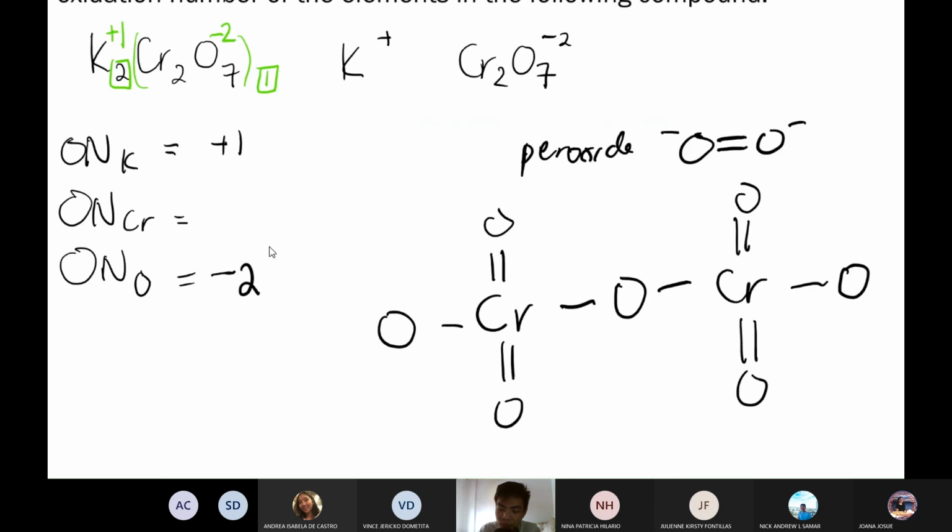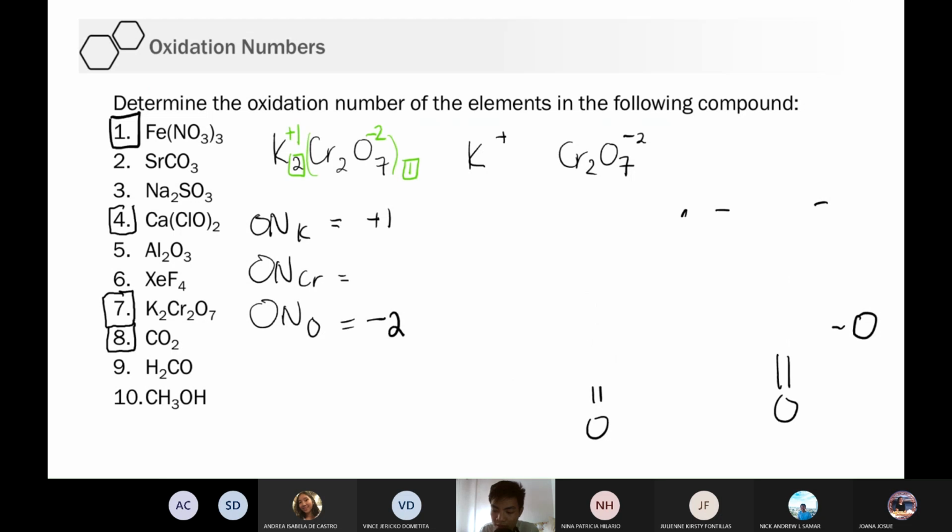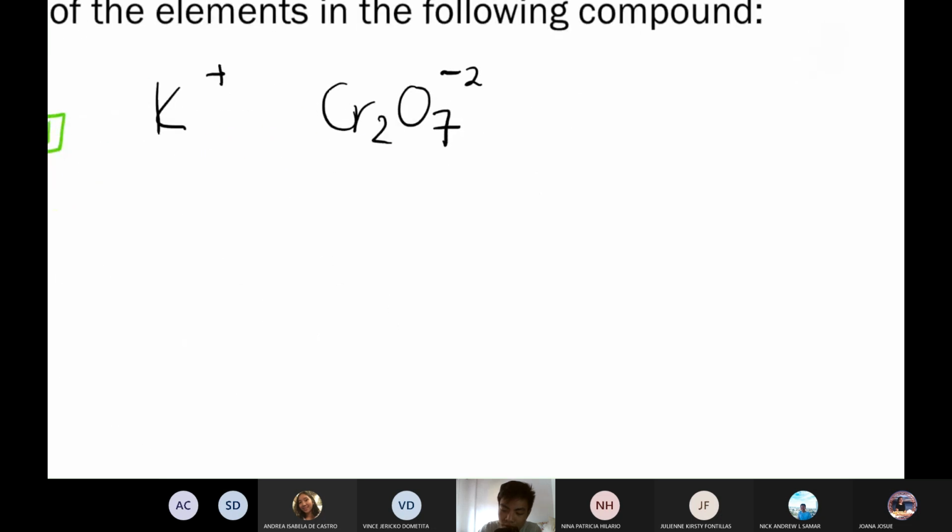Ayan. So, hanapin na lang natin yung Cr. Hanapin natin yung chromium. Let me erase this para may space. Ang chromium, sabi dun sa rule number 3, the sum of the oxidation numbers in a compound is equal to the charge. No? In our case, dalawang chromium plus 7 na oxygen.